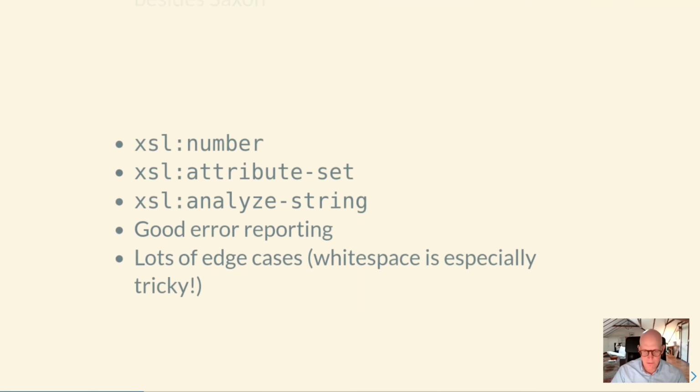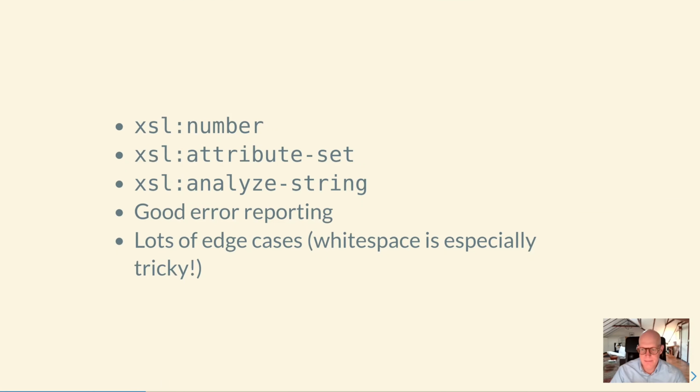There are only a few top level features missing at this point: xsl:number, attribute set, and analyze string. Number and attribute set I just haven't implemented yet. Number is tricky. Attribute set doesn't seem to be that widely used, so I haven't done it.